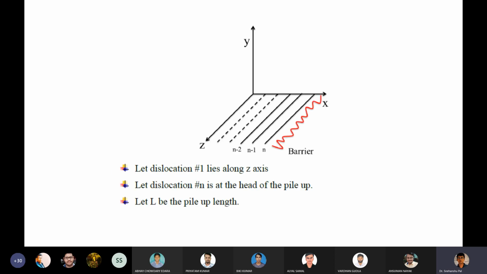If you look at this slide, you can easily understand that dislocation 1 lies on the Z axis, and let the nth dislocation be at the head of the pile-up, and let L be the pile-up length. Now when one dislocation reaches the barrier, the next dislocation will come and pile up just next to the previous dislocation. That way dislocations pile up.